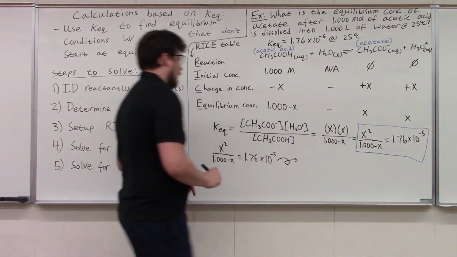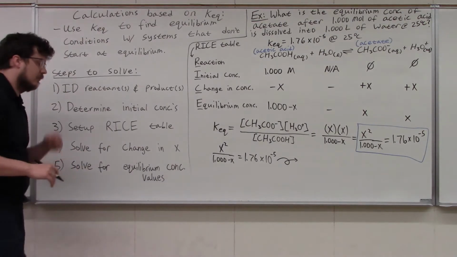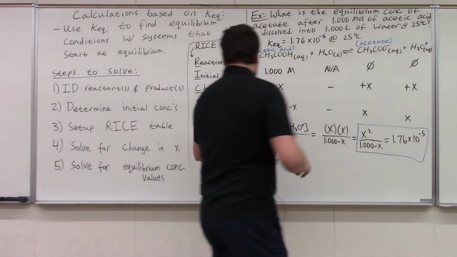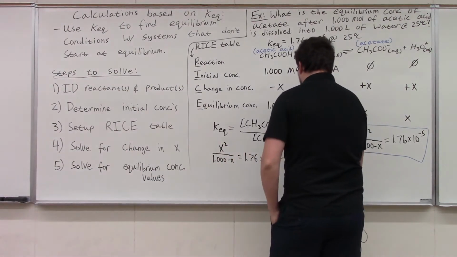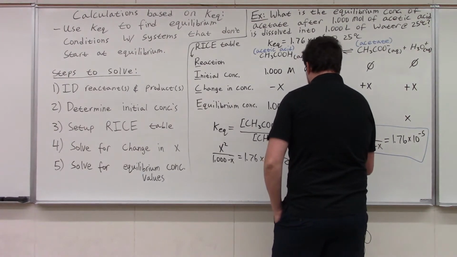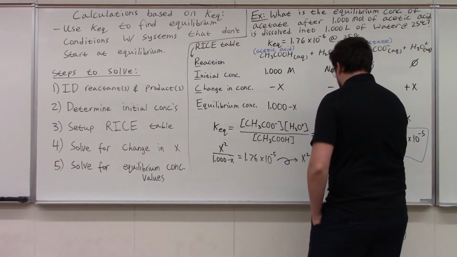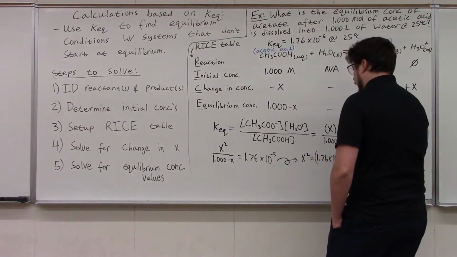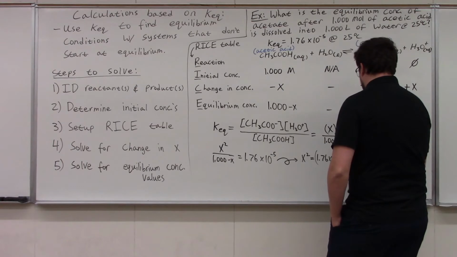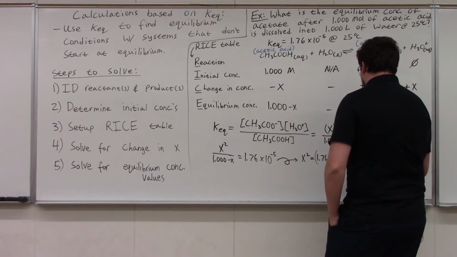I'm going to go to the right, not down, because I don't have much boardroom left. I'm going to multiply both sides by the denominator. So I get x squared equals 1.76 times 10 to the minus 5 times 1.000 minus x.